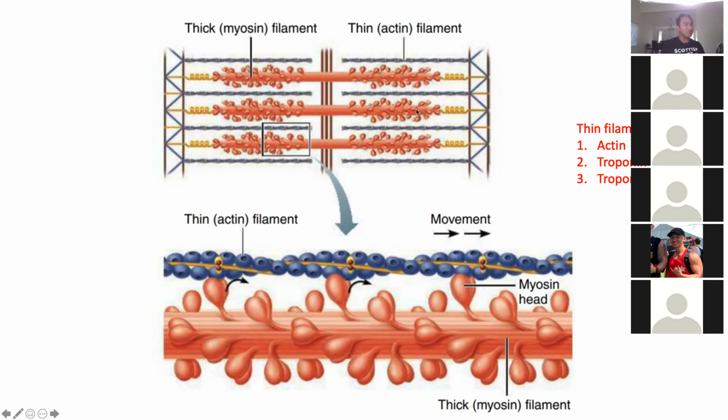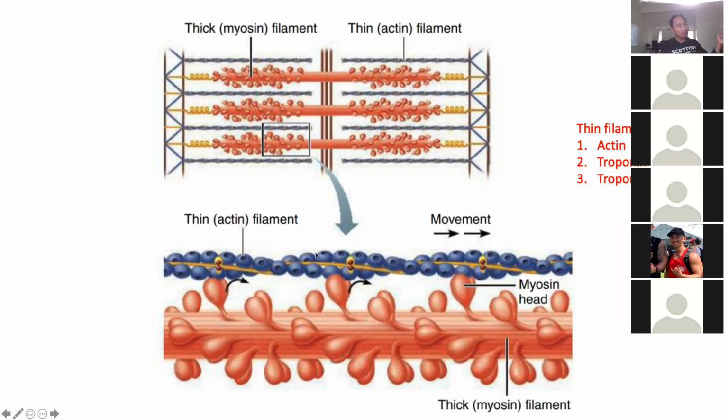So inside the sarcomere, we have actin and myosin. Actin and myosin alternate together, and actins are attached to the Z line. Myosins stay in the center. They attach to the Z line via a titin protein, which is like a spiral shape.